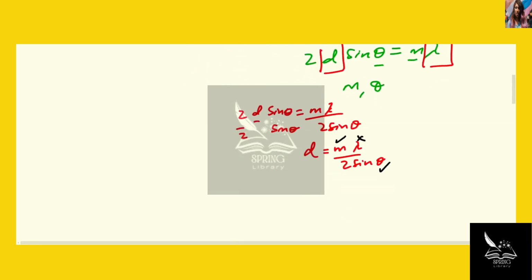And also you can see that if we had 2d sine theta equals m lambda and we wanted to solve for lambda, we'd have to divide both sides by m, and so we end up having lambda equals 2d sine theta all over m. And now in the problem, we do have m, we do have theta, but we don't have d. So then we're stuck.